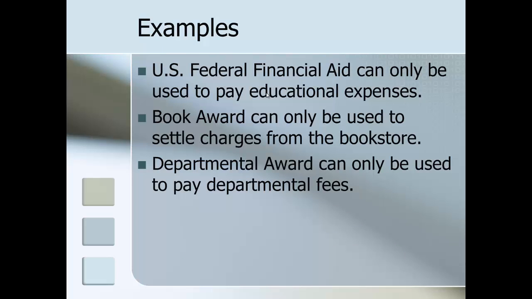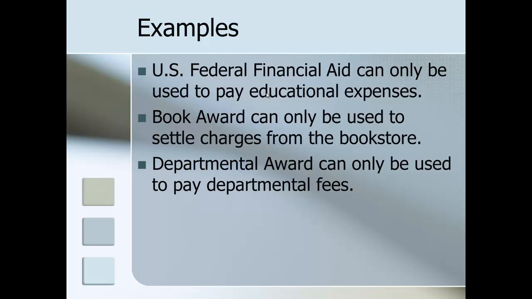So for examples of payment application, obviously I've mentioned it several times. US financial aid, you're only allowed to use that to pay educational expenses. So if a student gets a parking ticket, you may have $15,000 of US financial aid on the account, but you can't pay that parking ticket with it. And you can only pay tuition and certain other limited charges.